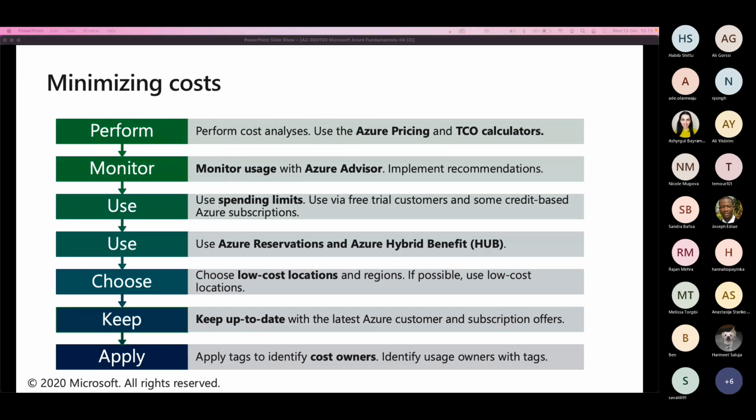In terms of trying to minimize the cost for an organization, you can perform the cost analysis using the Azure pricing calculator and the TCO calculator. You can monitor the usage using the Azure Advisor system and then implement the recommendations.